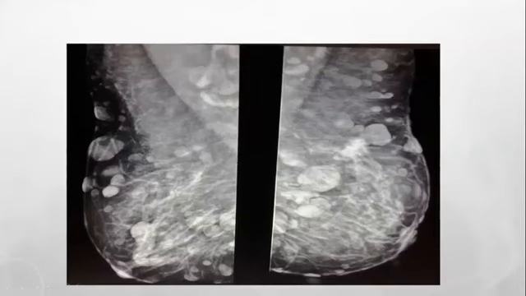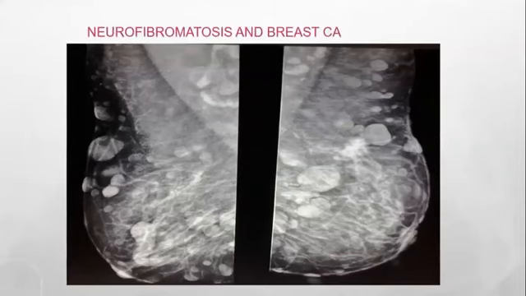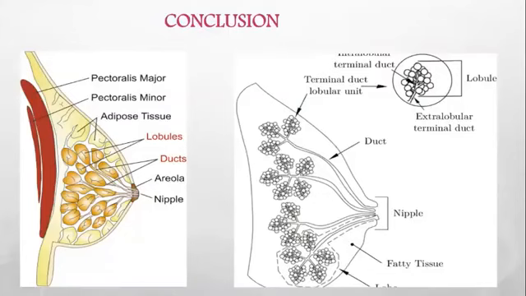In a case of multiple skin lesions, reflecting what? Neurofibromatosis. Okay. But the challenge is here. Within these multiple lesions, there is a spiculated lesion here, which represents a carcinoma. In neurofibromatosis 1, there is an increased risk of breast cancer by a factor of 5 over the general population. Okay, this is neurofibromatosis with breast cancer.